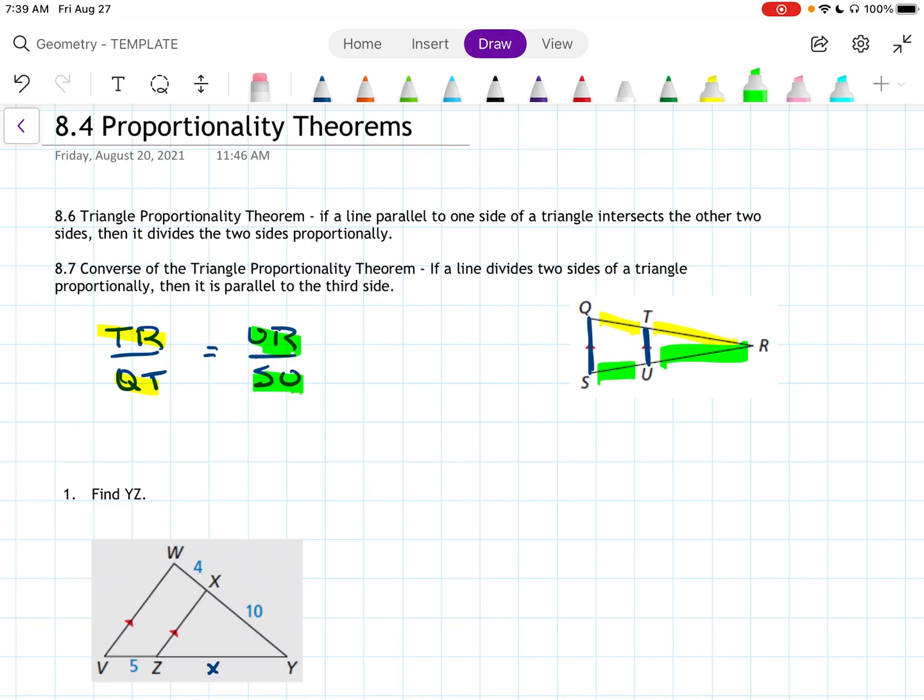Okay? Now you can flip these, you can put the little pieces on top, but you have to put both little pieces on top. And I don't think I read it, but 8.7 is the converse. If a line divides two sides of a triangle proportionally, then it is parallel to the third side. So that would be saying something like, if you were given this, then you could draw this picture.